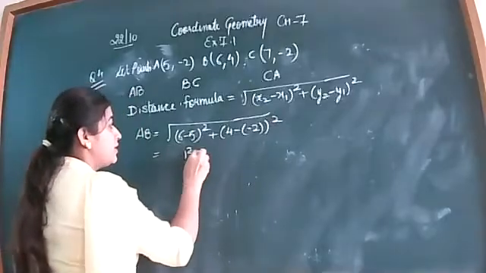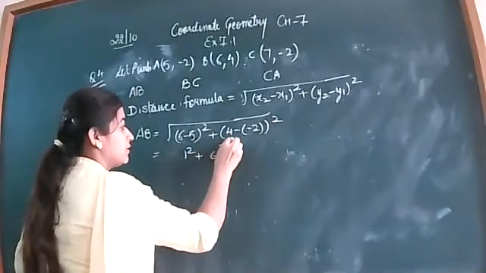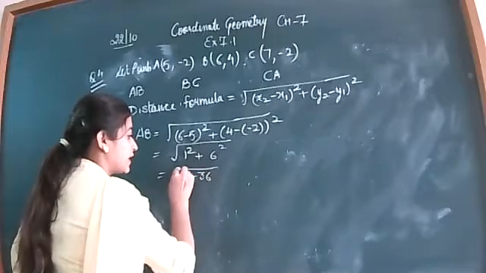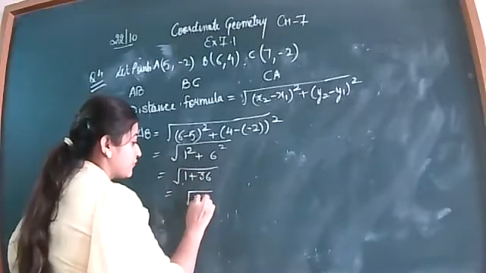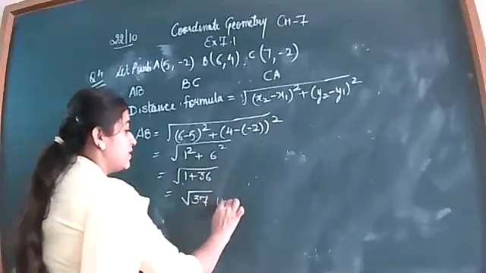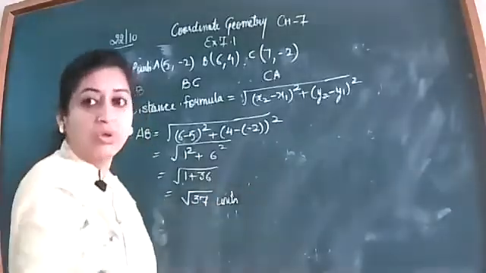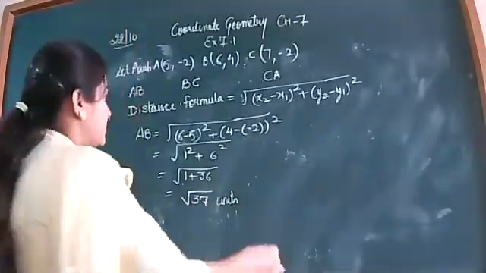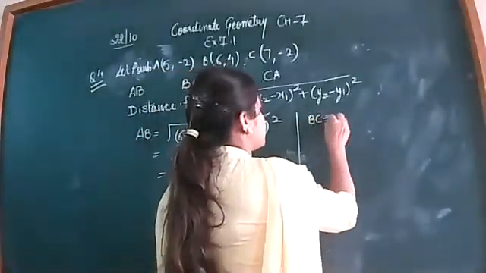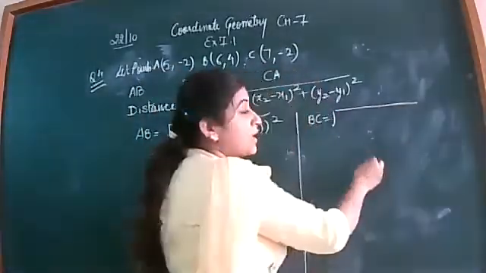This is your 1 and this is your 6. So this is your 1 plus 36 will give you 37. So I have got the length of AB as under root 37 units. Now let's find the length of the other side BC by the same formula.